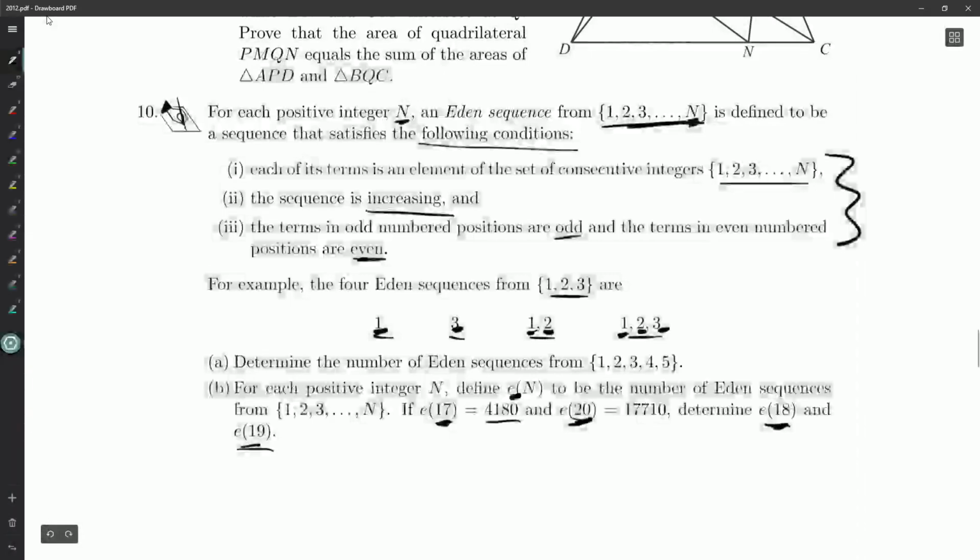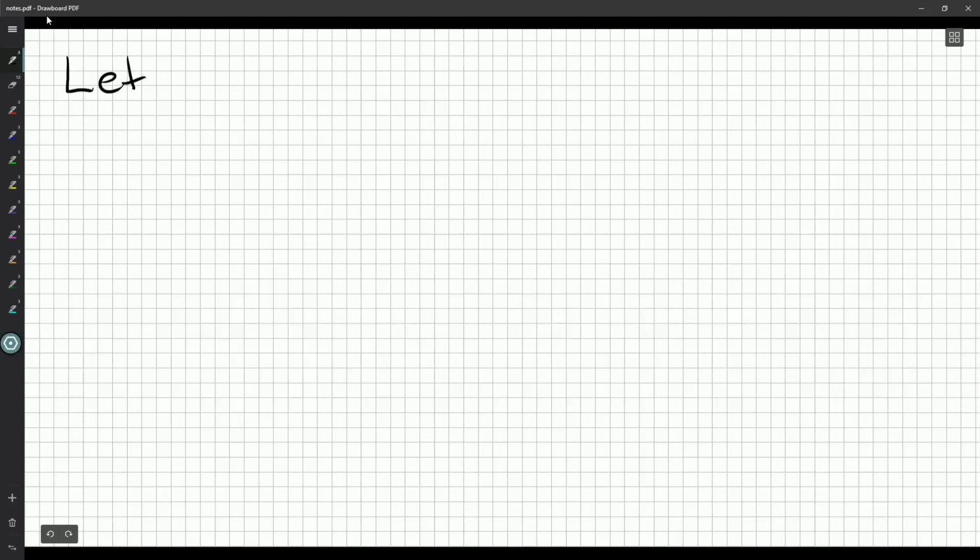Okay, so here's my plan. Oh, they used E already, didn't they? Yeah, they're already using E. I'll say V for even, D for odd.